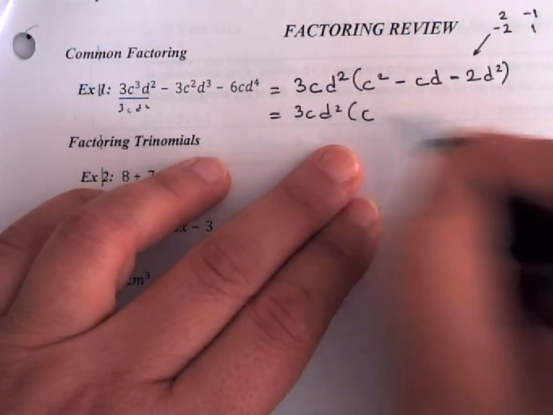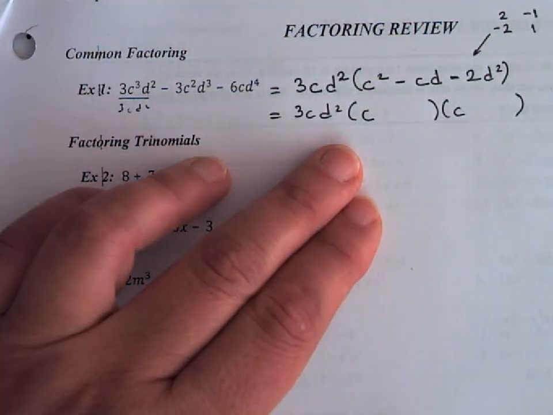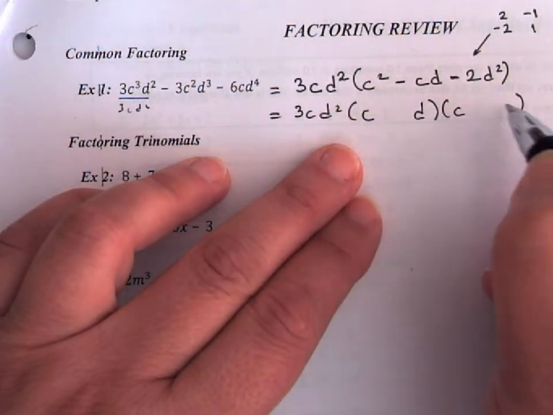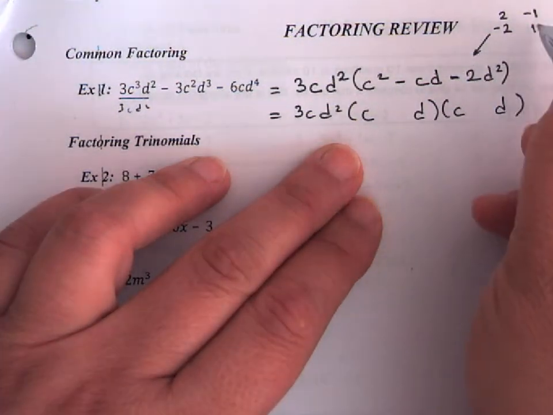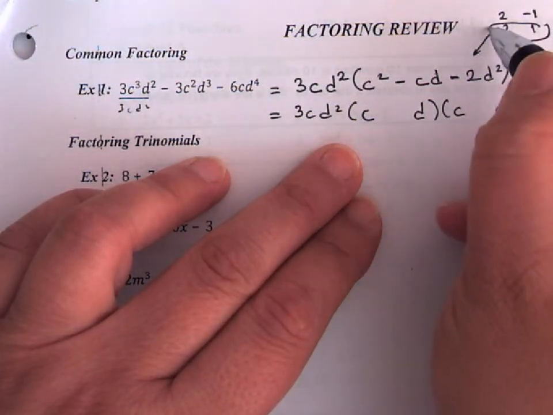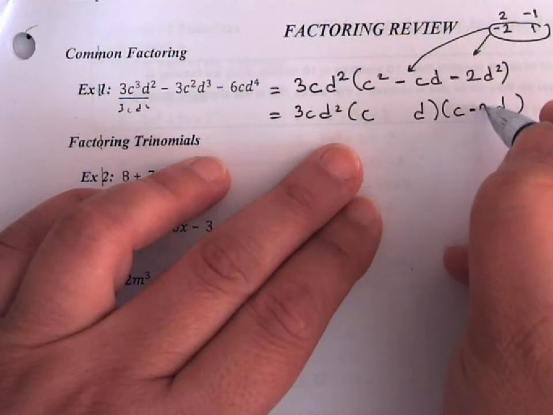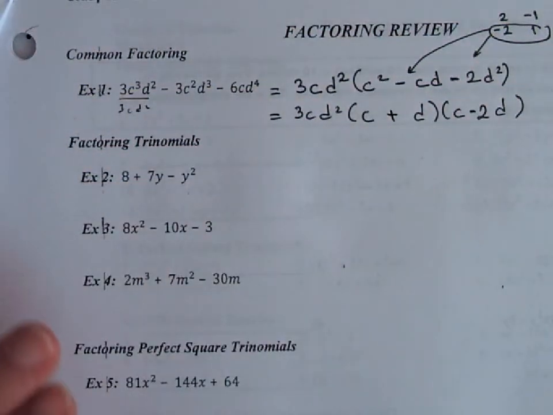So then we factor it: c and c, and there's going to be d and d. So this gives us the match for the middle term. One of them is going to get negative 2 and the other one is going to get positive 1. So now we have fully factored.